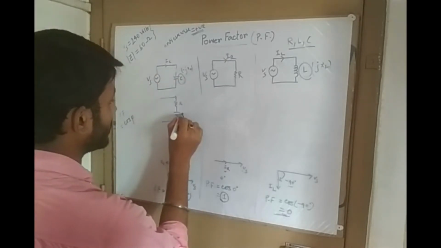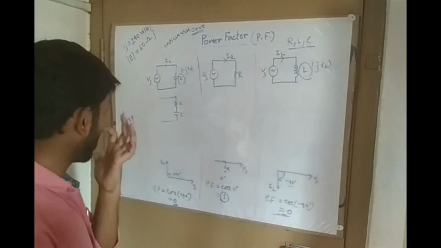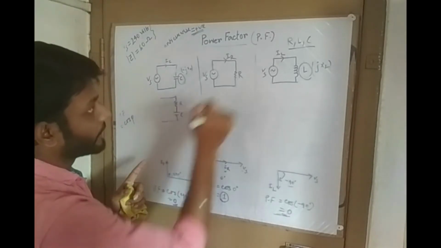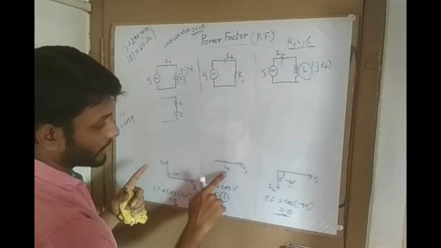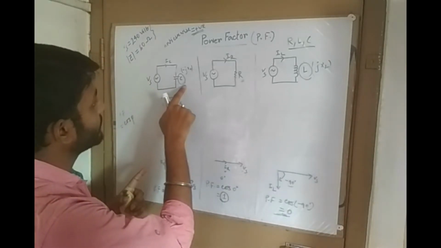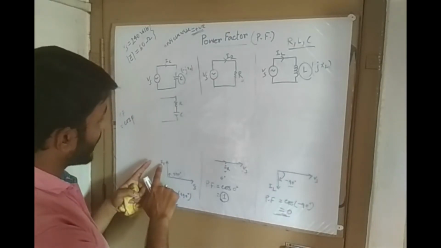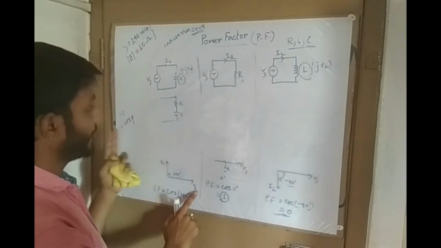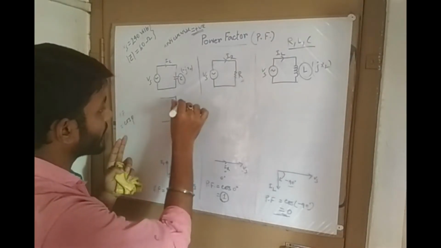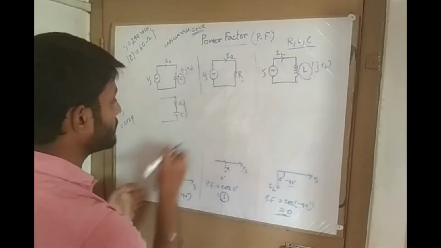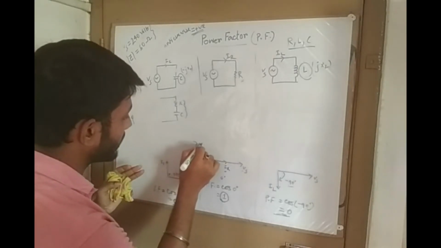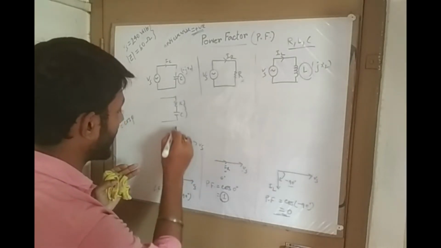Okay, so if the load is an RC load, then what will happen? See here, in case of resistive load, IR and Vs are both in the same phase. In case of capacitive load, the current is leading the voltage by 90 degree. So in case of an RC circuit, we can say the current will be somewhere between 0 degree and 90 degree.